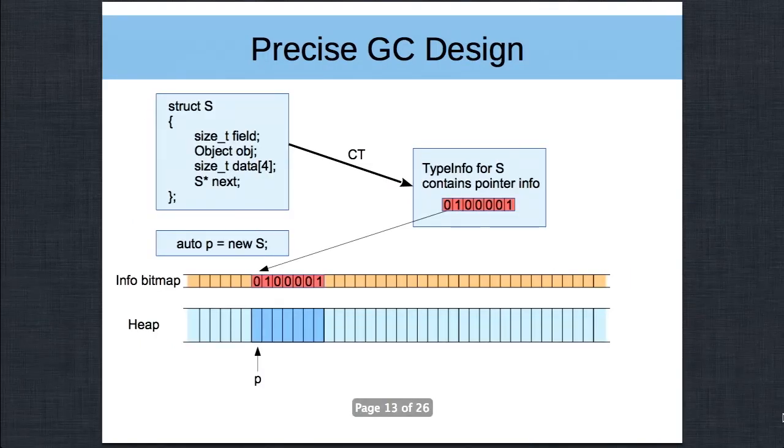So it looks more or less like this: you have a struct here, and this is translated to a bit field, with a one in the bitmap for each pointer. If an object of this type is allocated, this bitmap is placed into the info bitmap alongside the heap.